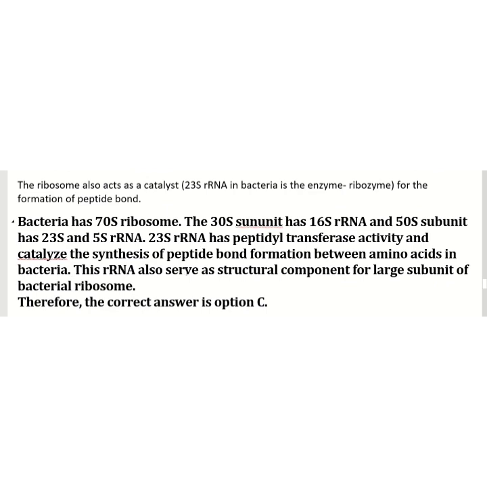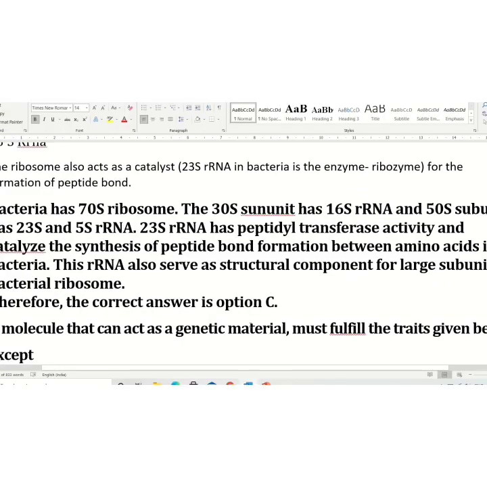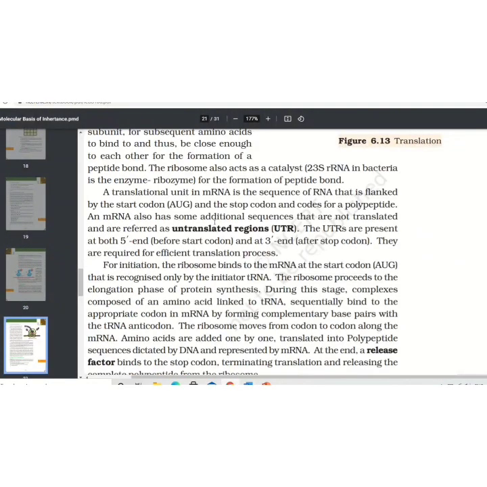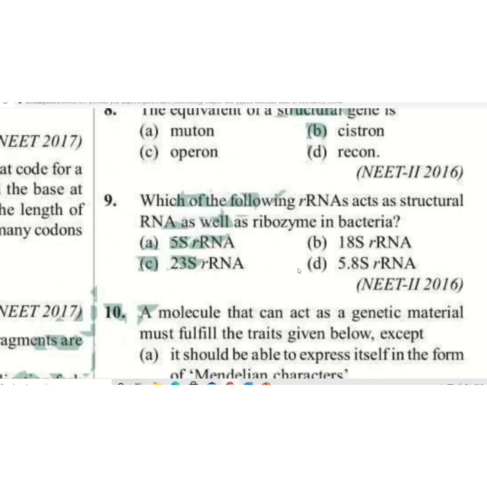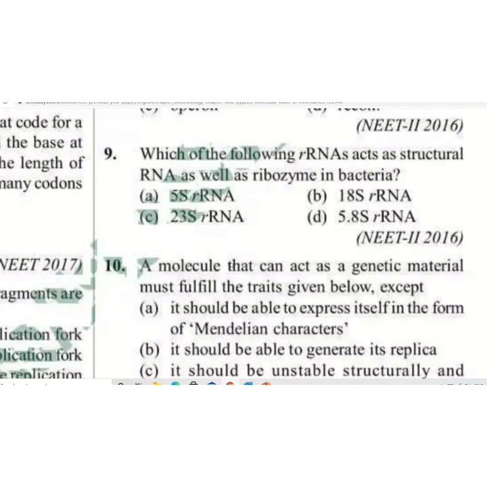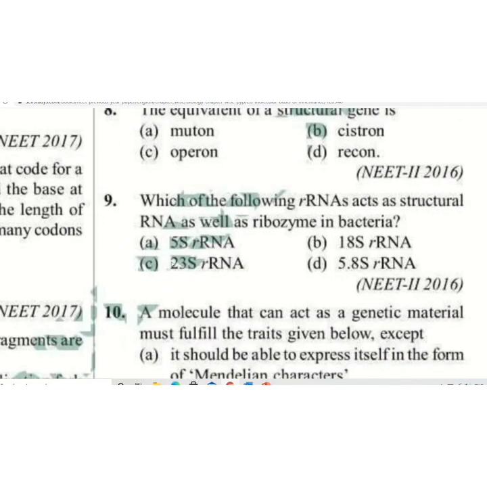So this RNA serves as a structural component of the larger subunit of the bacterial ribosome as well as the ribozyme. Thus the answer is option C, 23S ribosomal RNA.